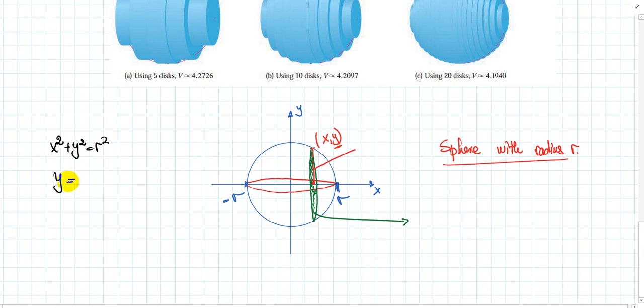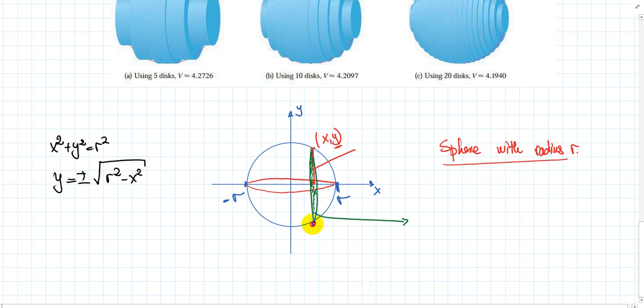So y is equal to plus or minus the square root of R squared minus x squared. Should I take it with the plus or minus? With the plus. If you choose x, the y coordinate of this point will be plus the square root of R squared minus x squared. The y coordinate of this point below will be minus the square root of R squared minus x squared.